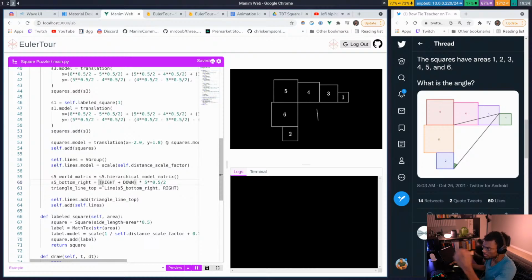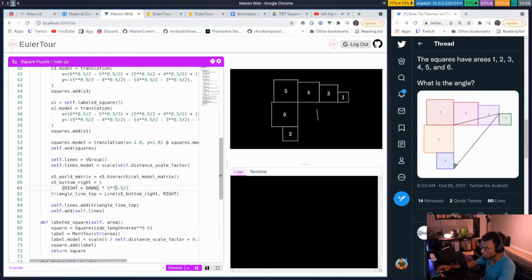So I already have the vector. Oh, this will be annoying though. Like np dot append, I think. I have this comma 1. And then I'll multiply that by the S5 world matrix.